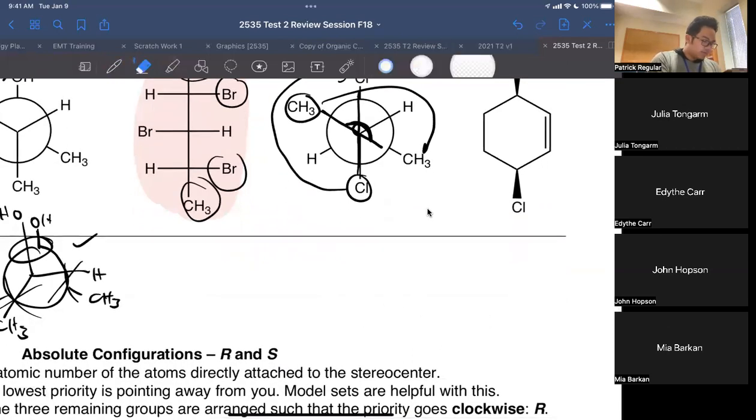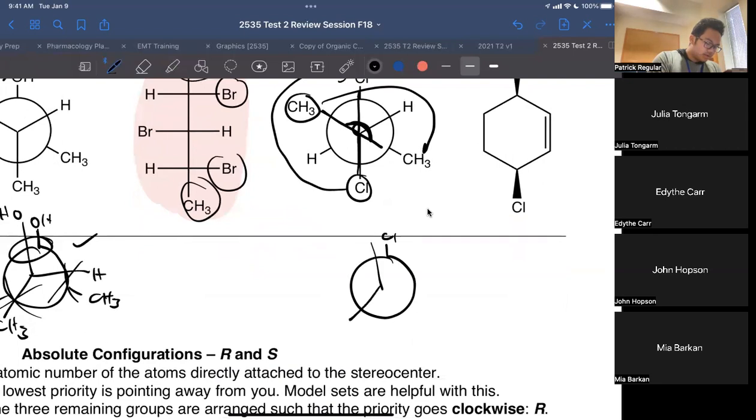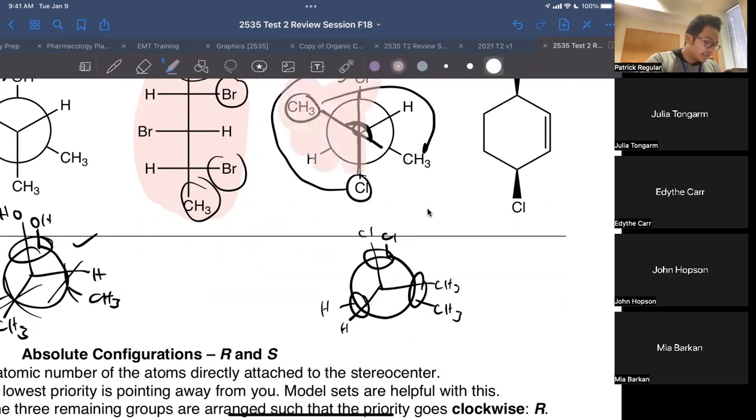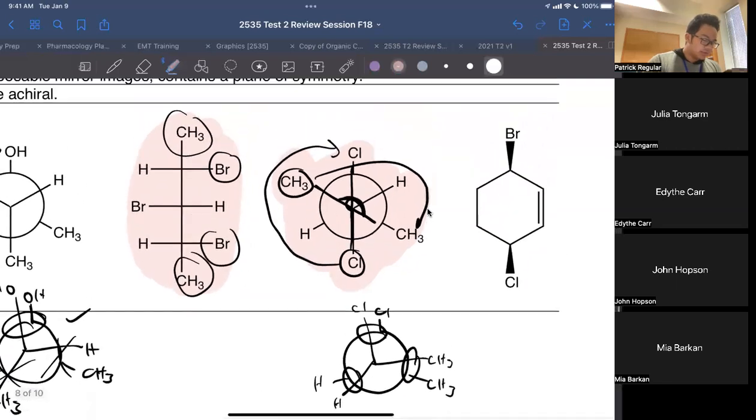If we did that, our Newman projection would be Cl, Cl, CH3, CH3, H, H. Well, look at that. Cl's match up, CH3's match up, H's match up. It is achiral. All of it matches up. So we can highlight that. This is achiral.